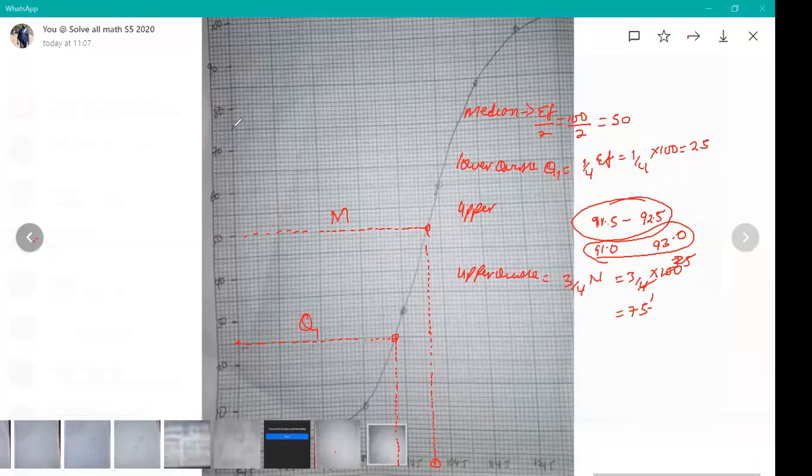Now come and locate 75 here. Are we there? Then move with a ruler. Then it is meeting here at the second box, I think, first small box. Then draw this line down.